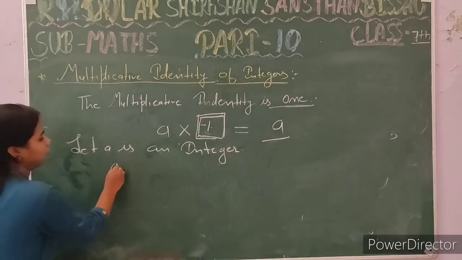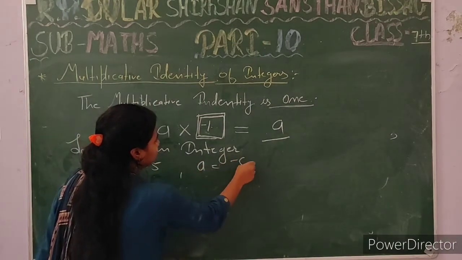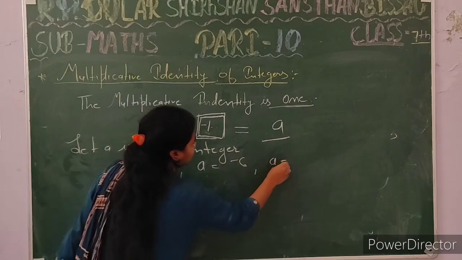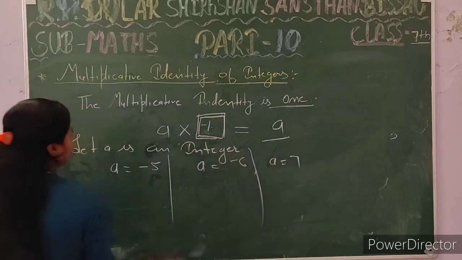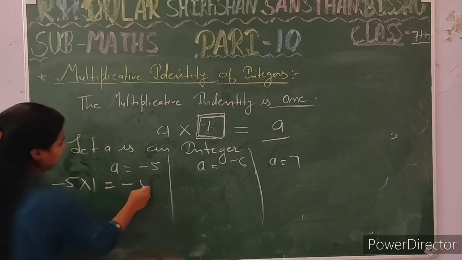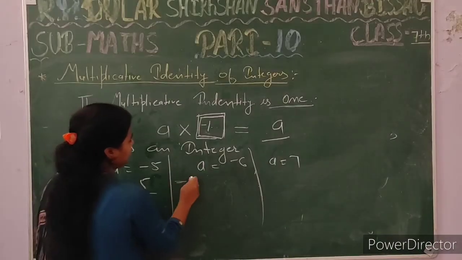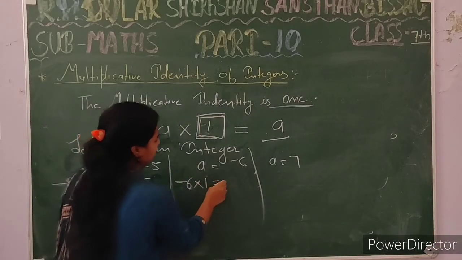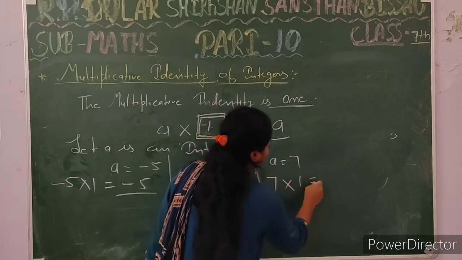You can take -5, you can take -6, and 7 also. If we have -5 and multiply by 1, it becomes -5. Then -6 multiplied by 1 becomes -6. 7 multiplied by 1 becomes 7.